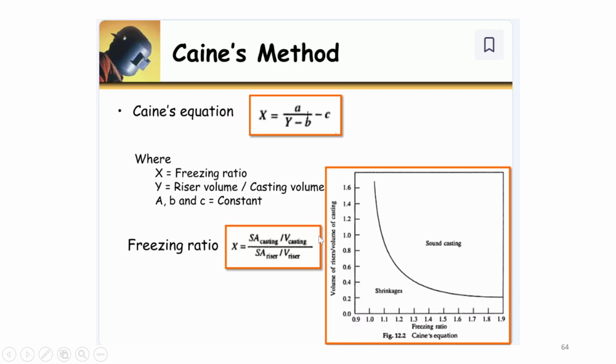Now when you plot a graph between freezing ratio and volume of riser divided by volume of casting, you get this type of line. Based on this, you optimize your conditions. If your casting design falls in this region, you will have sound casting, and if you are in this region, you will have shrinkage in casting.